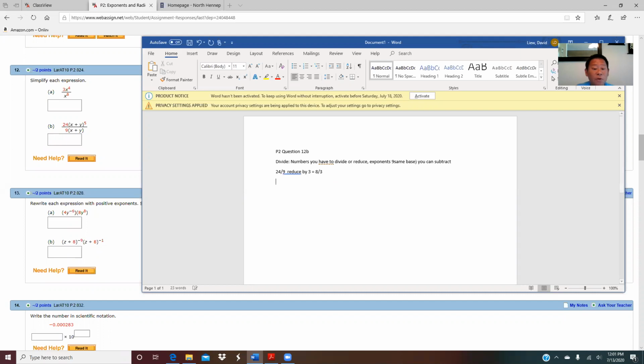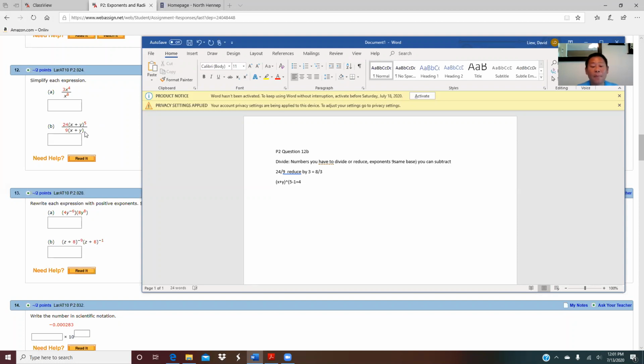Then if you look at your x plus y in the question here, it has exactly the same base, but one of them is a power 5 and the other is a power 1. So you subtract your powers: 5 minus 1 is 4.